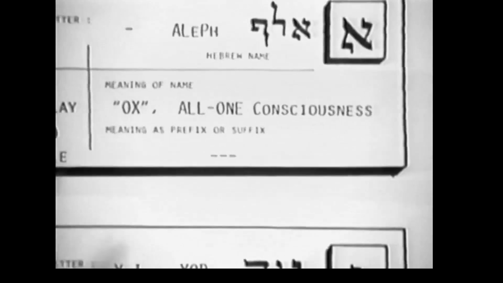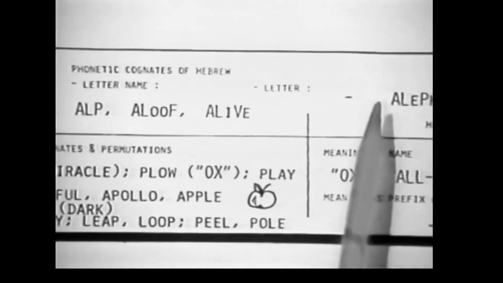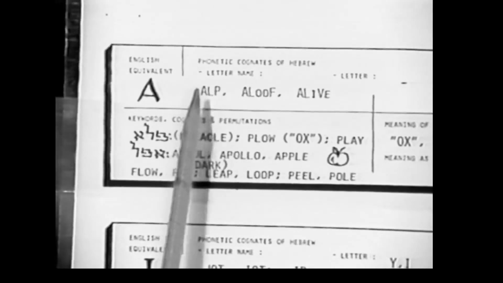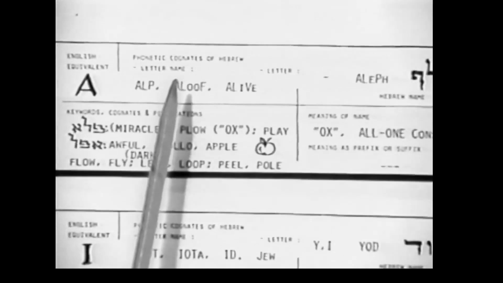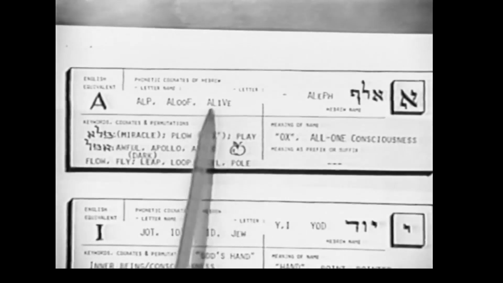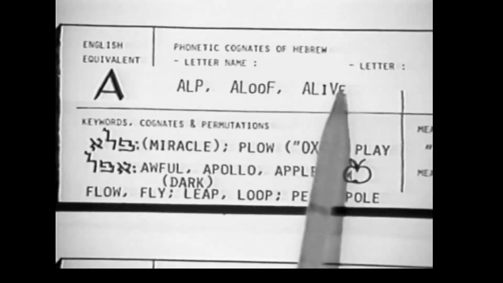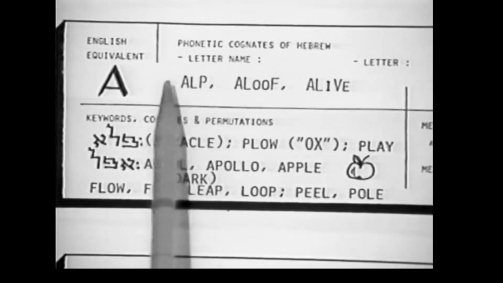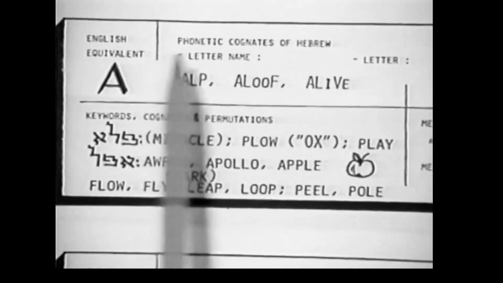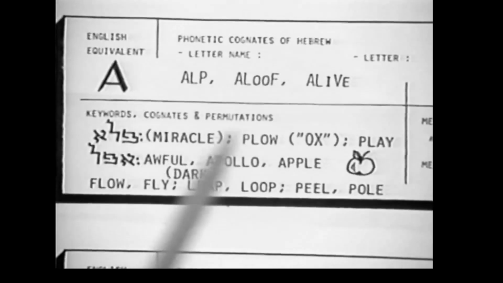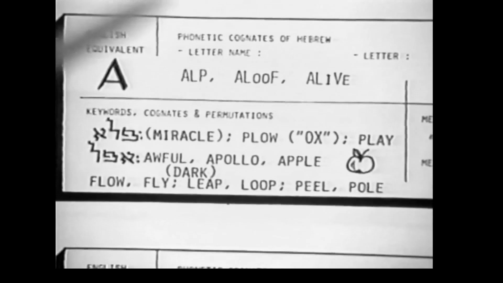Well, if we look over at the English now, we find the same letters, A, L, and P, are an alp. Or if we allow ourselves to vary the vowels as we see fit, aloof, or perhaps alive. The V sound is very similar to the F sound and is often interchangeable with it. So that's a perfectly good transformation. Well, a great life, aloof, the high point, that's certainly a sense of Aleph.